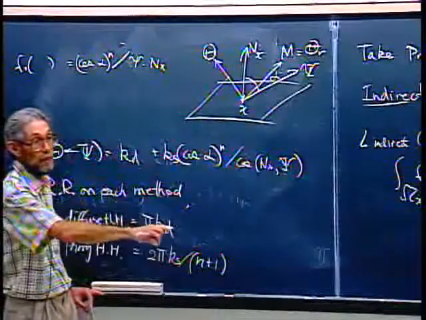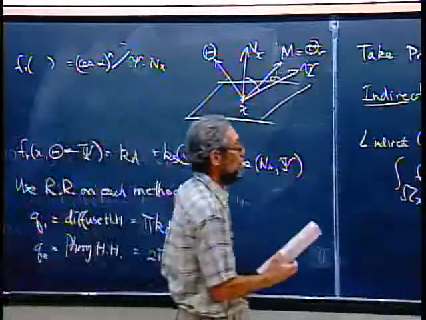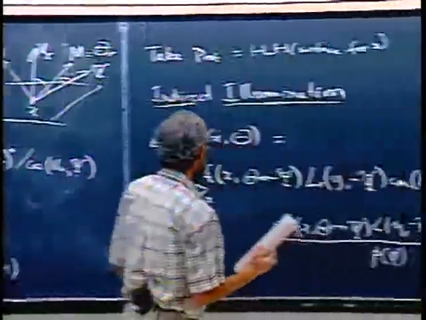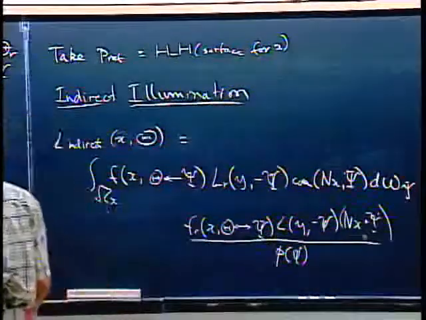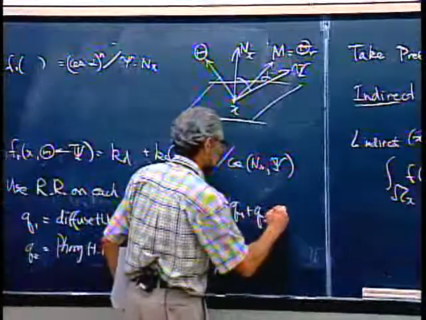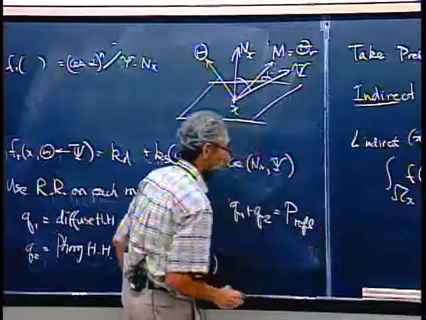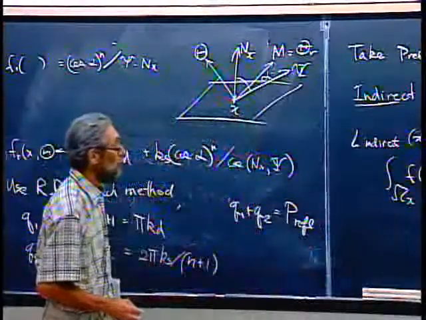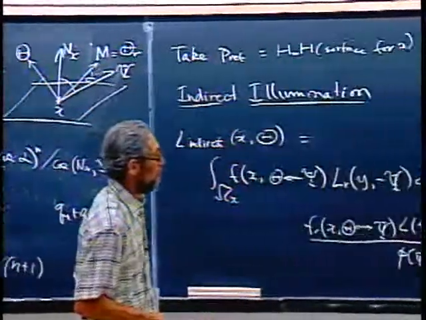We had to divide by n plus 1 to cancel the n plus 1 from the power law rule for calculus. Okay, so what we know is Q1 plus Q2 adds up to a probability of reflecting at all that we're doing in this Monte Carlo calculation.